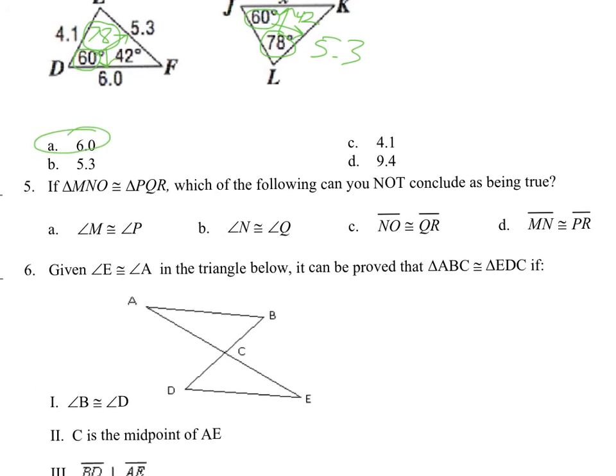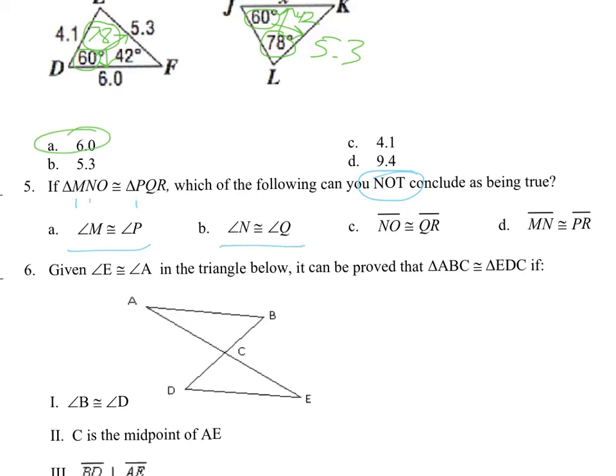The next one deals with corresponding parts of a triangle. If we have two triangles that are congruent, then the corresponding parts are congruent. But we're looking for the conclusion that we cannot come to. A has M congruent to P. Well, they're the first letter of both triangles, so yes, those angles are going to be congruent.